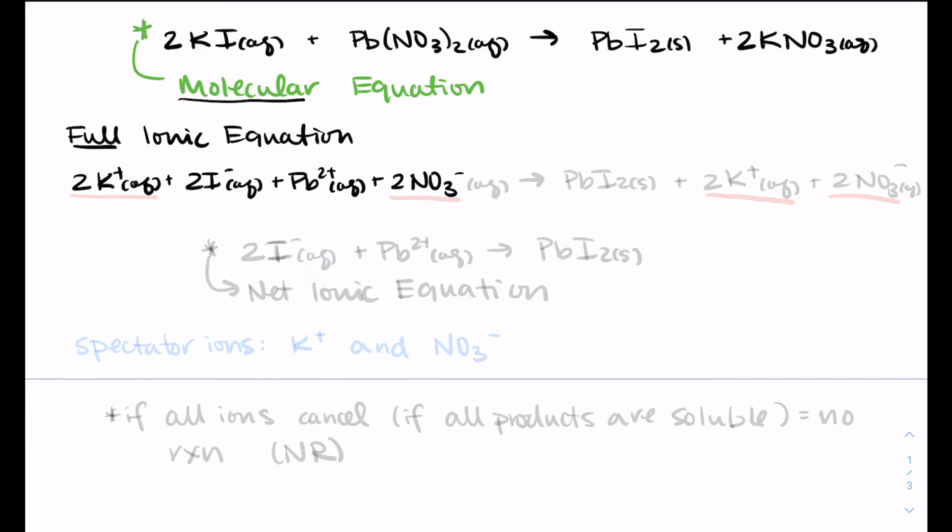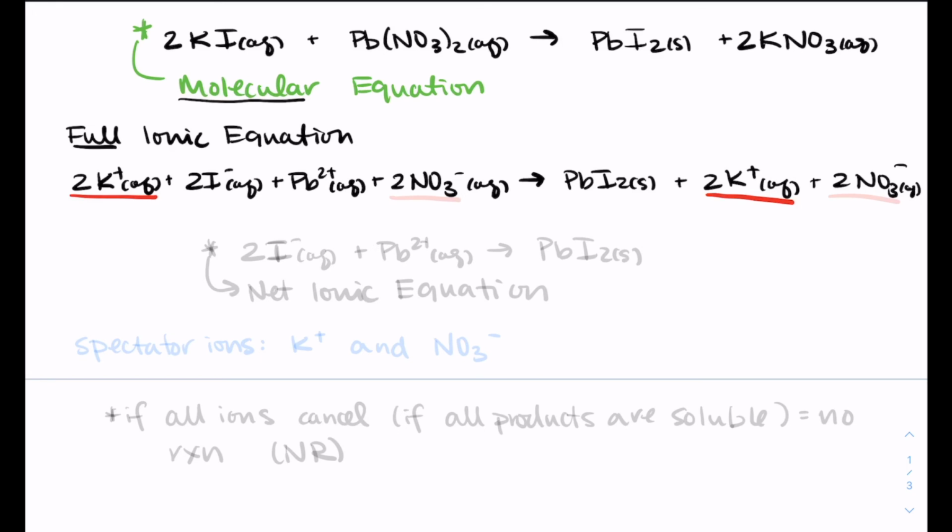And then lead nitrate is also soluble, meaning it will be Pb2+ (aq) plus 2 NO3- (aq), turning into, so when I get to the product side, lead iodide, finally something I don't have to break up. It exists in a solid form, so I'm just going to write it that way: PbI2 (s), done. And then potassium nitrate is soluble, so 2K+ (aq) plus 2 NO3- (aq).